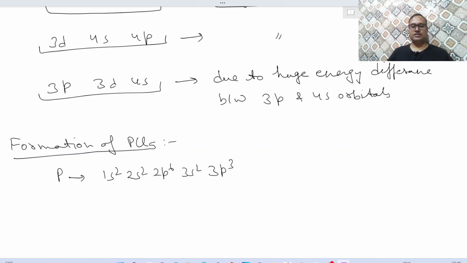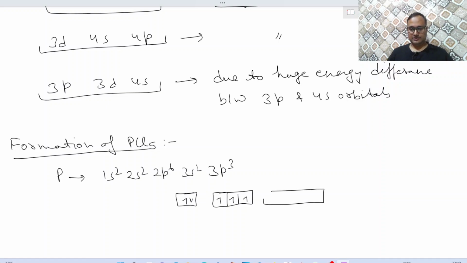It has 2 electrons in the 3s orbital and 3 electrons in the 3p orbital, and we have an empty d orbital. This one is our 3d orbital, this is 3p, this one is 3s.